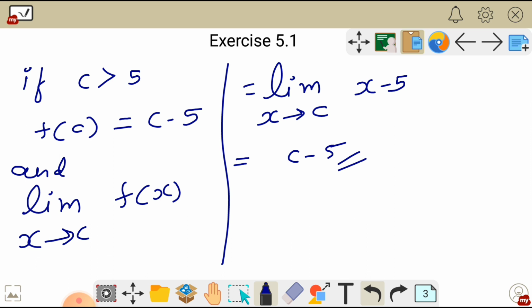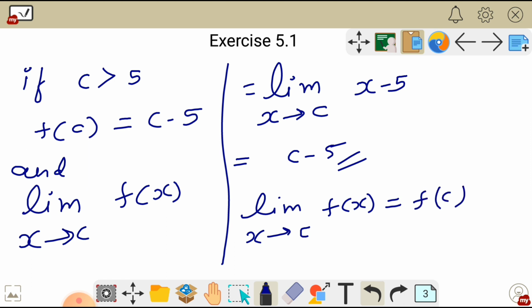So here the function is continuous because limit x tends to c, f of x is equal to f of c. So in both the cases the function is continuous.